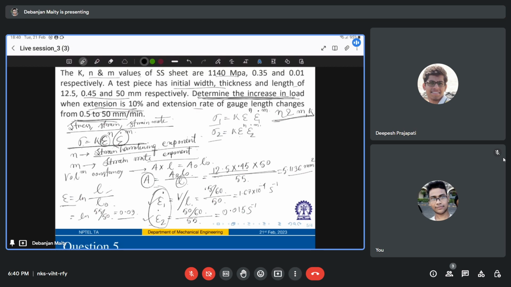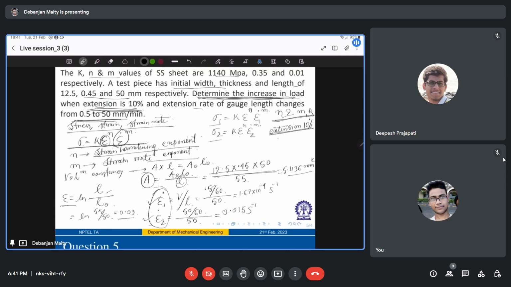No, no. The thing is, we are misunderstanding actually. You have this extension as 10%. So the numerical is saying this.